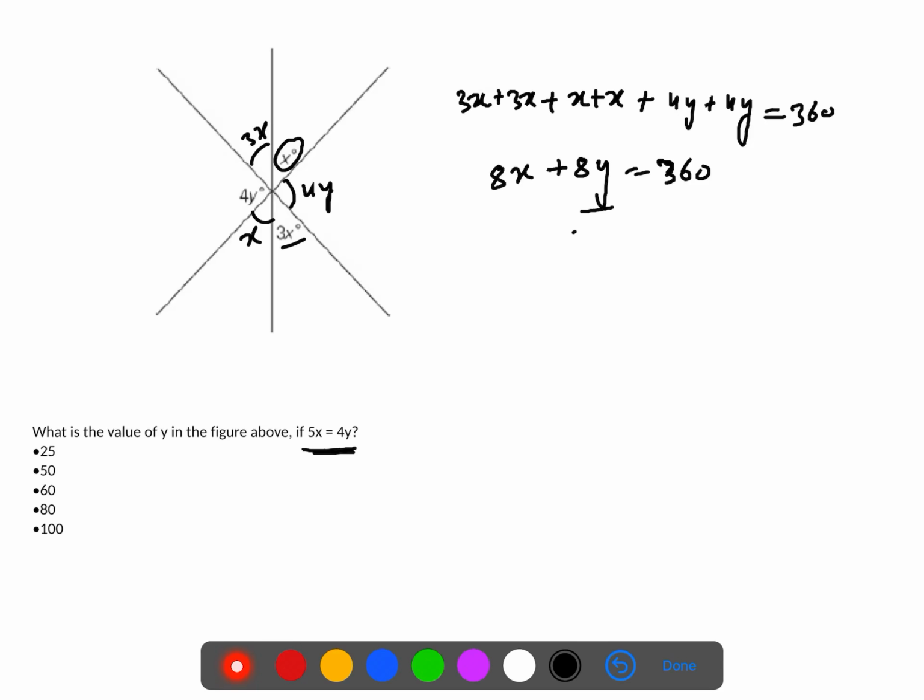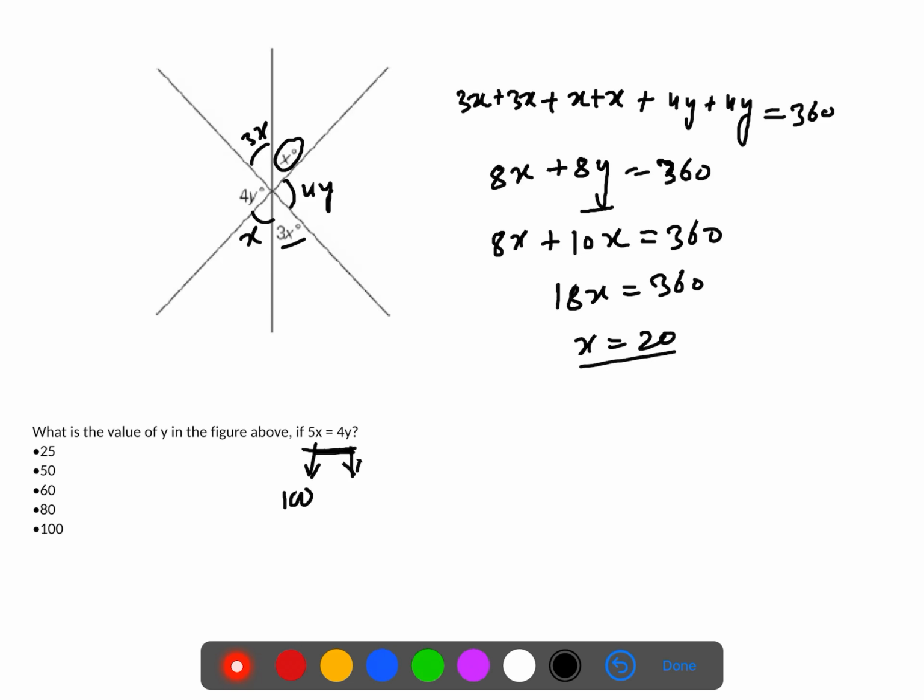So 8y will become 10x. 18x is 360, x is equal to 20. So 5x is 100, 4y, so y should be 25. And that should be the answer.